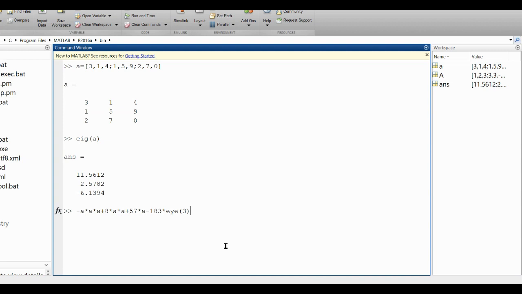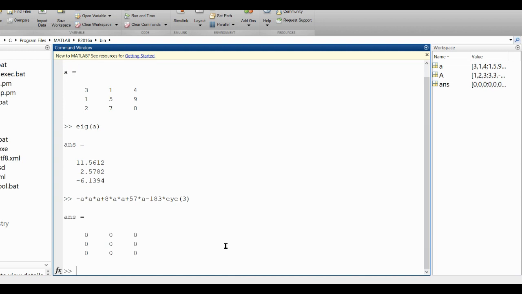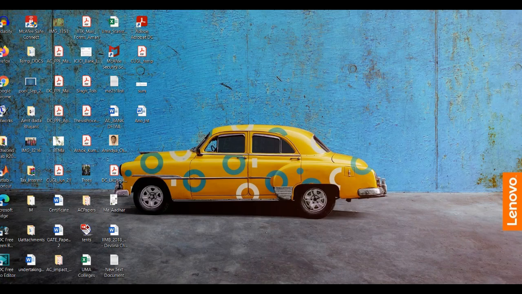Okay. All right. 0. So, it satisfies its characteristic polynomial. Let's try to understand why this happens.